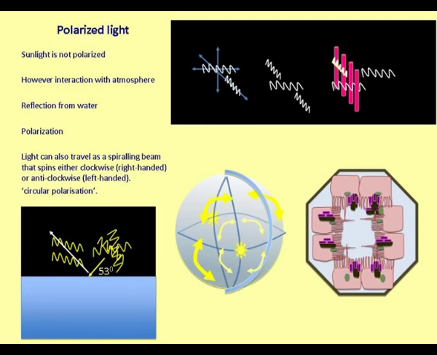But if we pass this light through a polarizing grating, we get rid of all the vibrations in the other directions, and only allow through light that's going at a particular angle, and that's called polarization. In fact, our atmosphere does this for us from the sun. As light is scattered through the atmosphere, it becomes linearly polarized, as it does if it's reflected off water, and you end up with light just vibrating in the same plane.